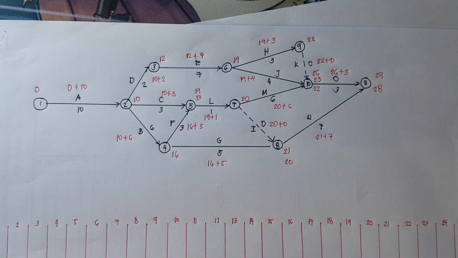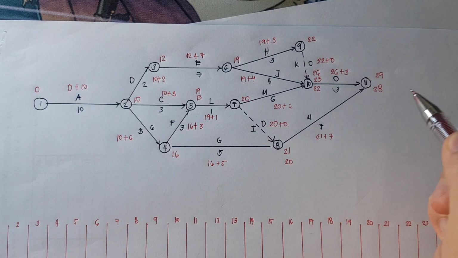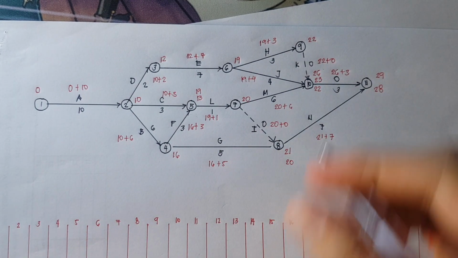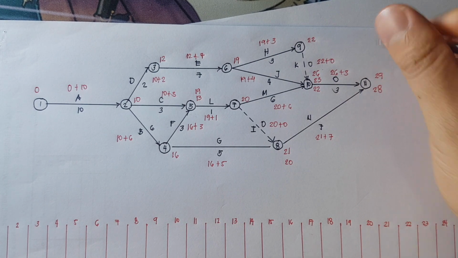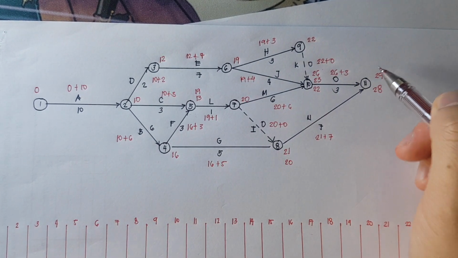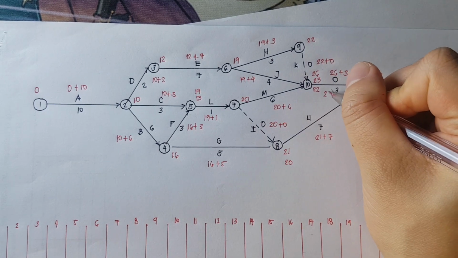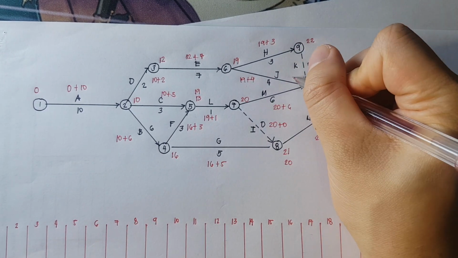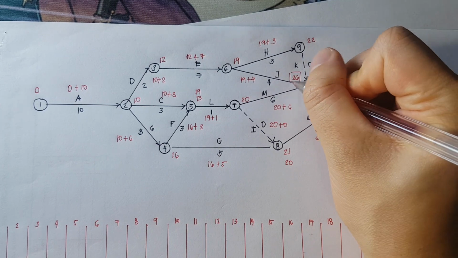Now, what we need to do is to solve for the late finish. And in doing so, we need to solve it backwards. Being 29 the duration, we're going to use 29. So 29 minus 3, that is 26.